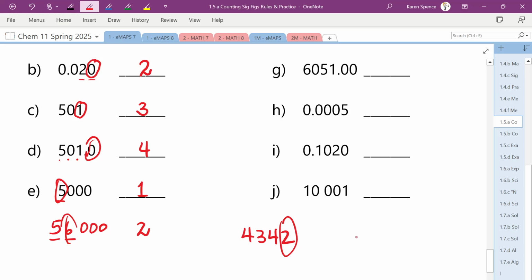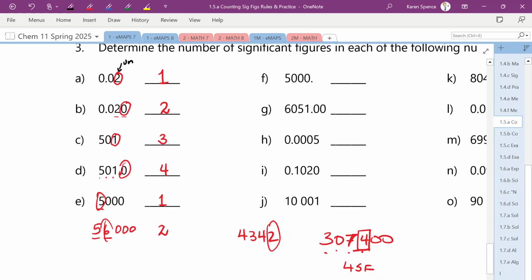But if I had 7,400, I have 1, 2, 3, 4 sig figs, and my uncertain digit is the 4th one. Is that making more sense? Okay. Make sure you have gone through those. If you didn't finish any of them, that will be for homework. Come in and ask me questions if you don't get it.